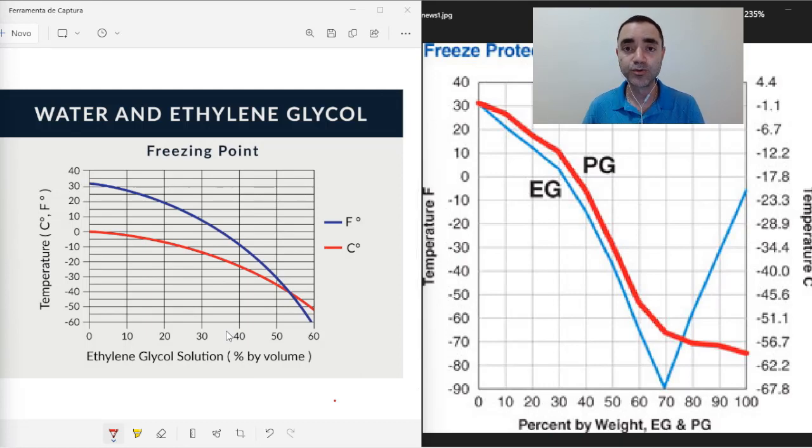If 10 degrees is too much, or I verify that my chiller machine is not able to reach minus 20 Celsius degree, but minus 15 Celsius degree, I can work on that and eventually remove or change the percentage of ethylene glycol that I needed. So instead of defining minus 20 Celsius degree, I could define minus 15, and based on that, I would use 30% in volume of ethylene glycol.